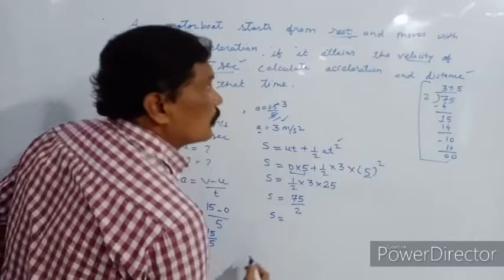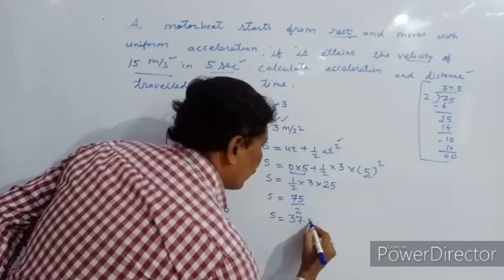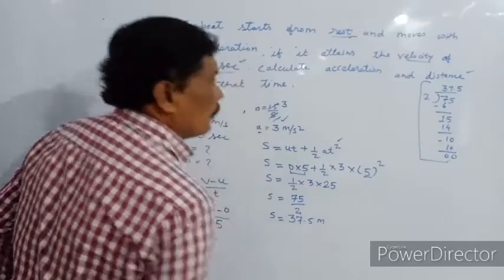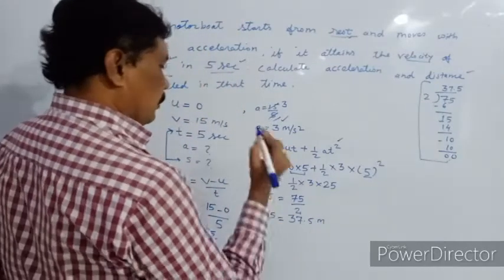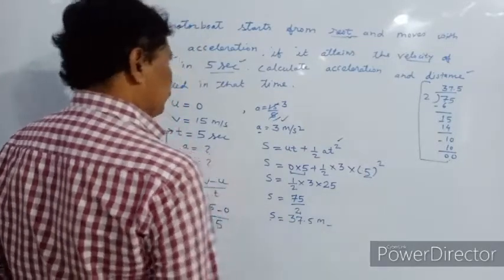S is equal to 37.5. This distance, what is the unit? Meter.